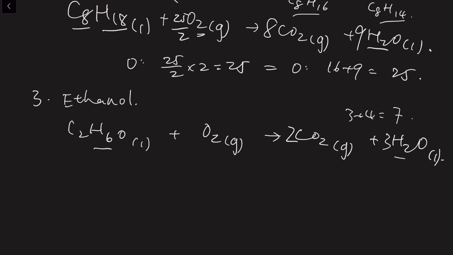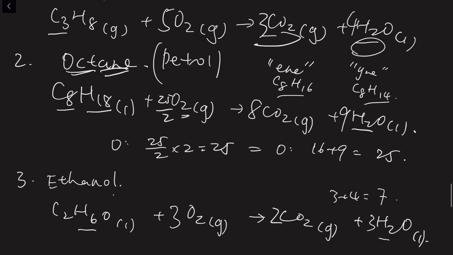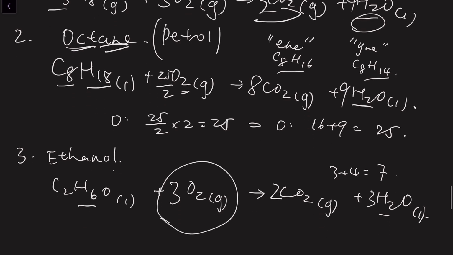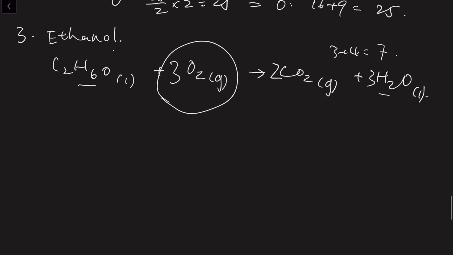We have 1 oxygen here, so we need 6 more. That's why we times this by 3 to get 6 oxygen. So now we have 7 oxygen atoms on the left and 7 on the right, so it is balanced. So we require way less oxygen to fully combust ethanol compared to petrol. So it is easier to undergo complete combustion if we are combusting ethanol.